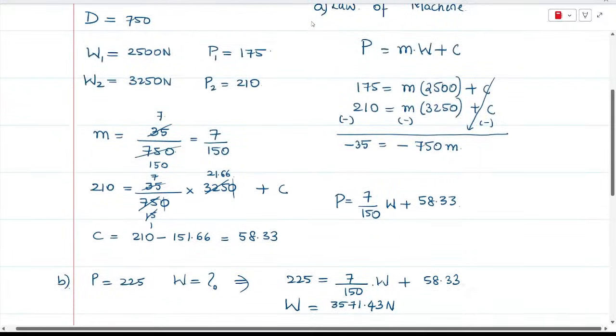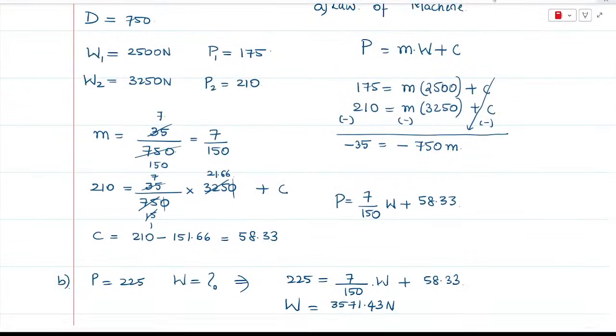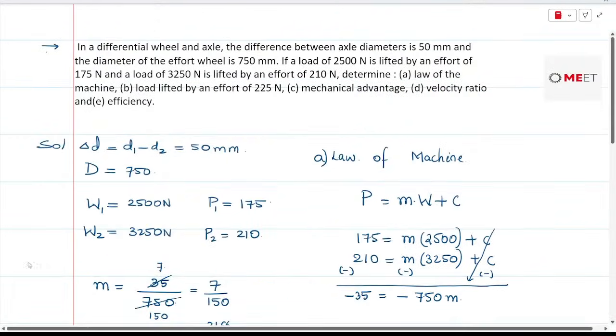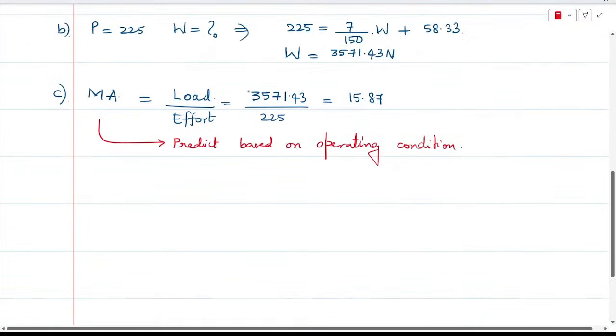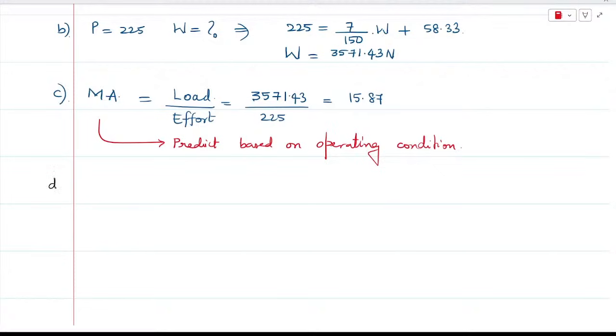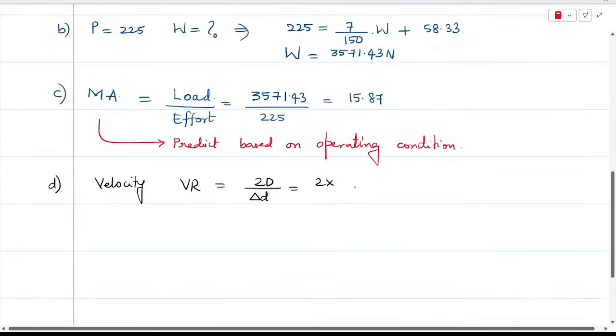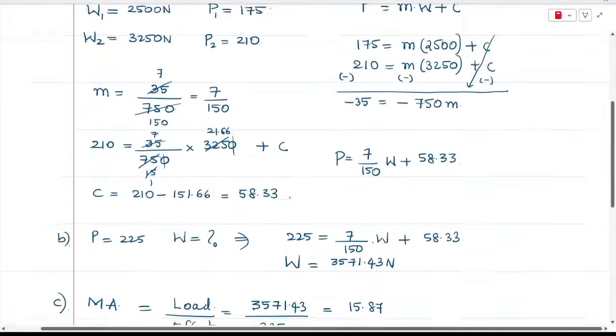Next, after the mechanical advantage, we have velocity ratio and efficiency. So velocity ratio, that is VR, is equal to 2 times capital D by delta D. So 2 times capital D is 750 divided by delta D, which is 50.